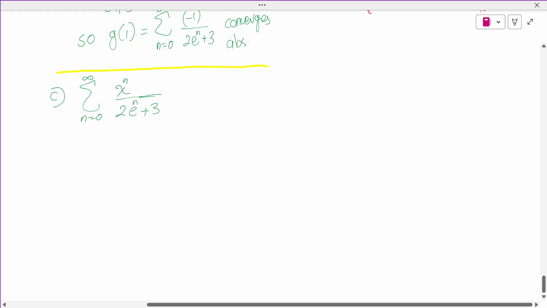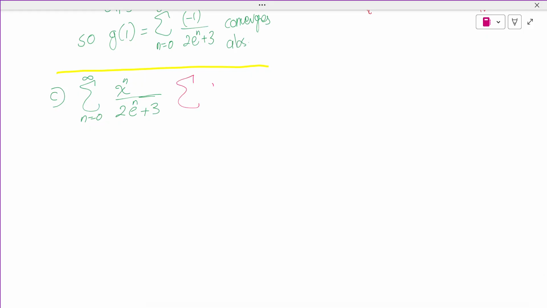So this is sigma a_n, okay? We need to write a new one, a_(n+1), right? So n starts from 0 to infinity, x to the power of n plus 1 over 2e to the power of n plus 1, plus 3. What we have written is a_(n+1).